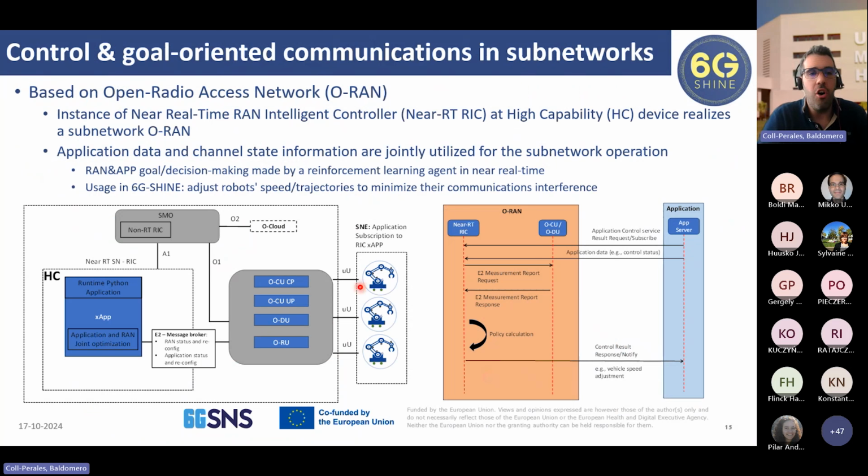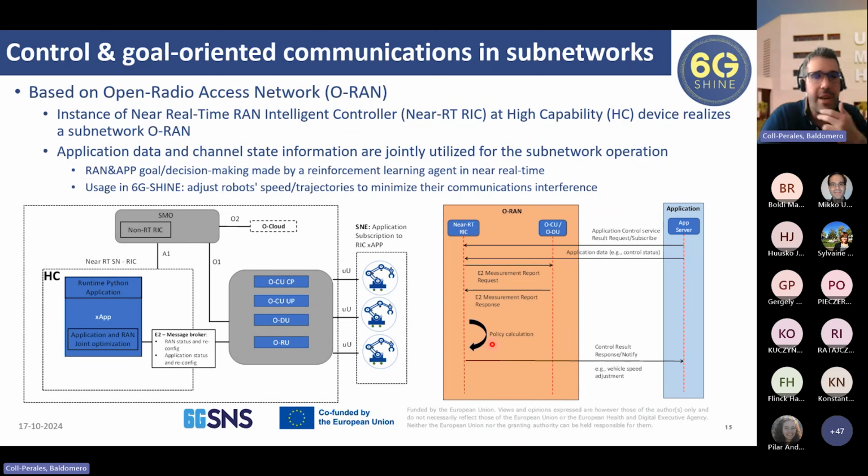Another area of ongoing research in 6G-SHINE is the utilization of O-RAN for control and goal-oriented communications in subnetworks. In this case, an instance of the real-time RIC is deployed at a high capability device for the subnetwork to be able to utilize jointly application control information as well as channel state information to make a near real-time decision on specific communication resources.